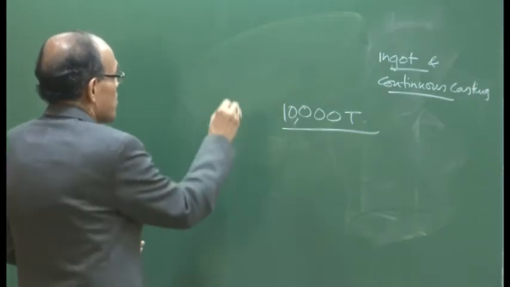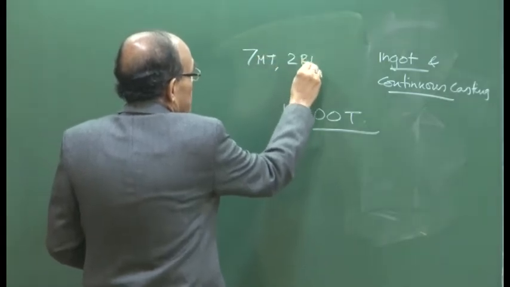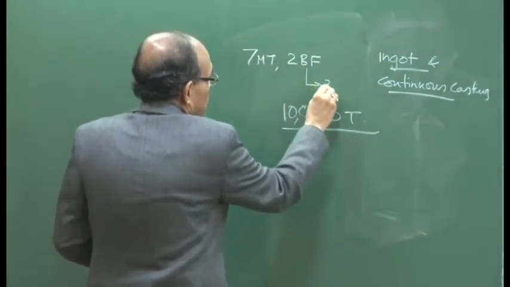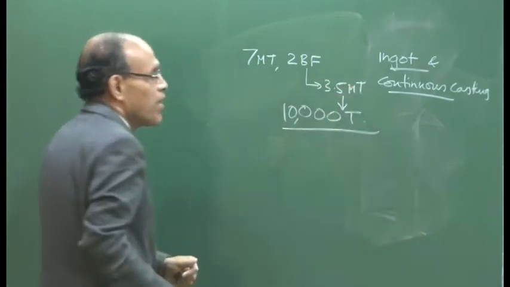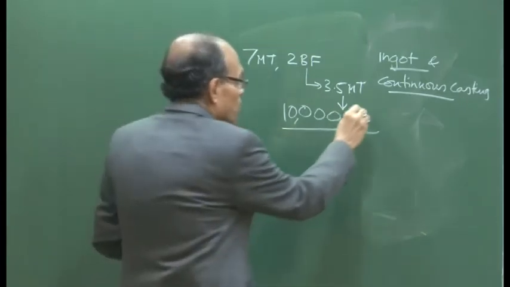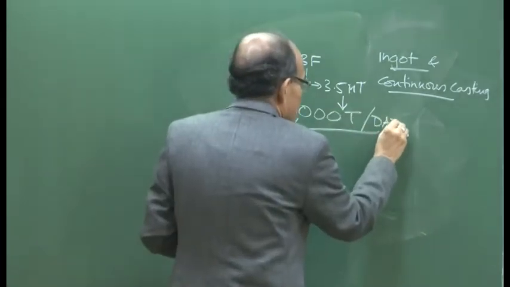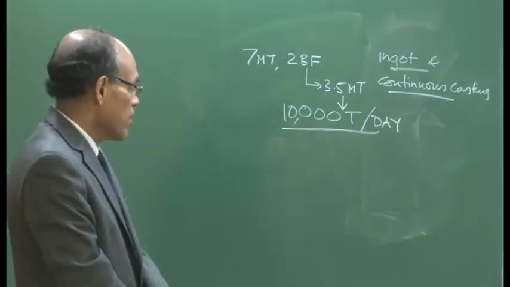So in 365 days, each blast furnace is producing this much, and suppose this much steel is being produced in the plant on a daily basis.